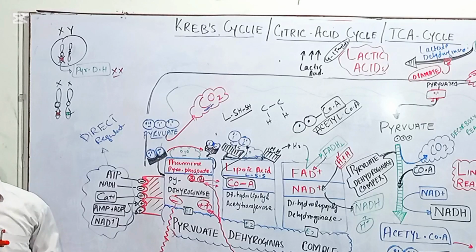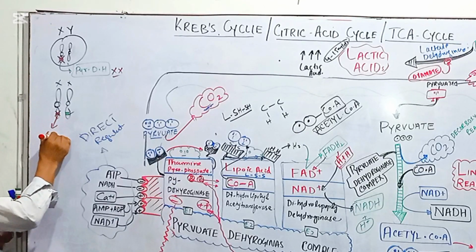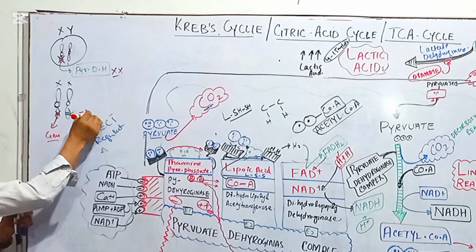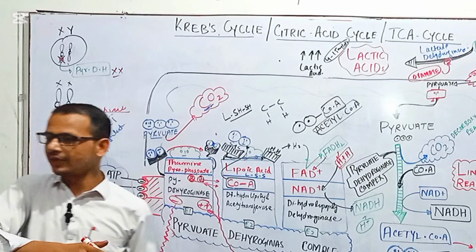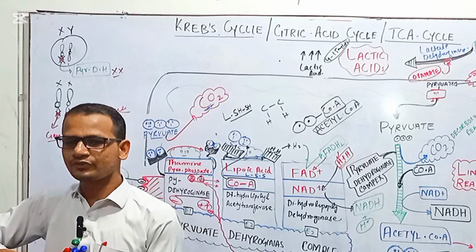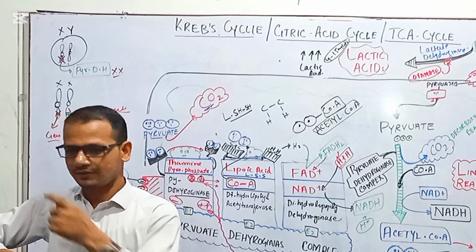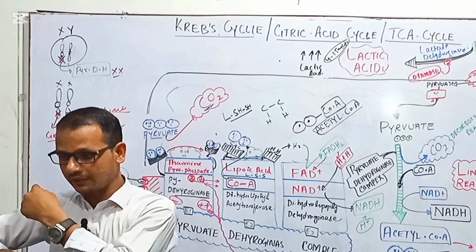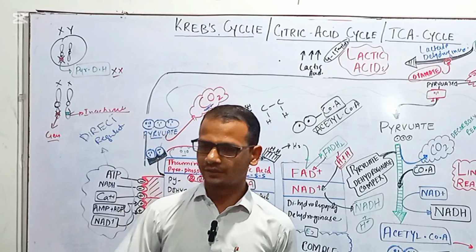But unfortunately, very unfortunately, when there is lactic acidosis, when one gene is defective, the other gene is inactivated directly, and it is called Barr body, switching off the gene. When one is not working, the other is inactivated directly.